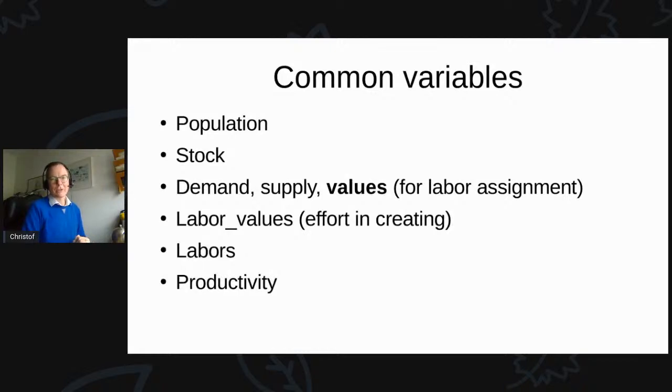This is a list of the common variables within the economic code. Population is the most important one, because all the labor assignments are calculated as a fraction of the population. There is stock, which is the current amount of goods within the simulation of one city.